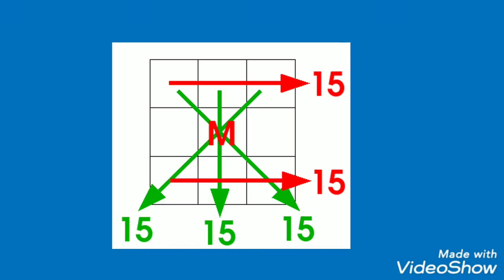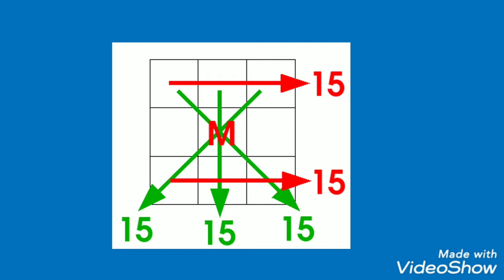Here we have a square with how many small squares? Yes, 9, because we have 3 rows and 3 columns. Also, here we can see some red arrows and some green arrows. The red arrows represent the rows, the straight down green arrows represent the columns, and the slanted green arrows represent the diagonals.